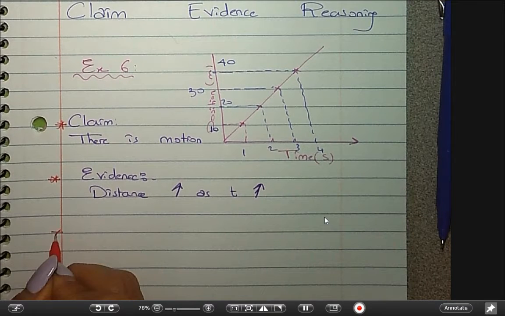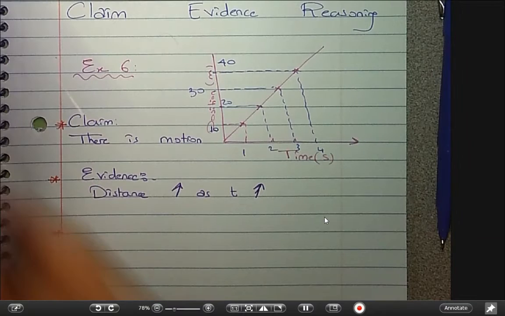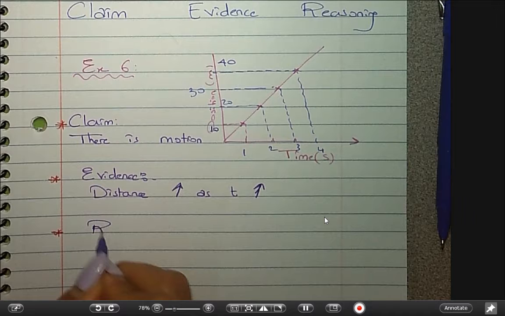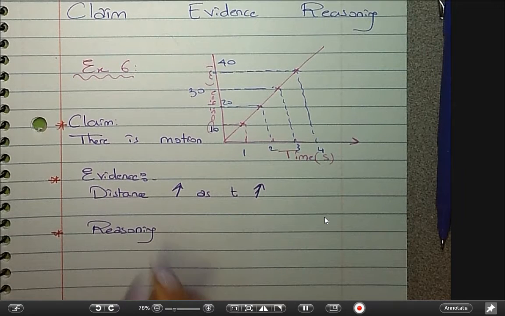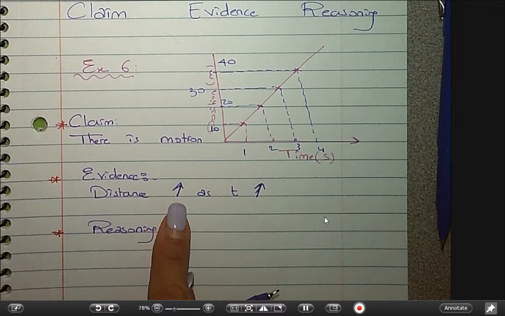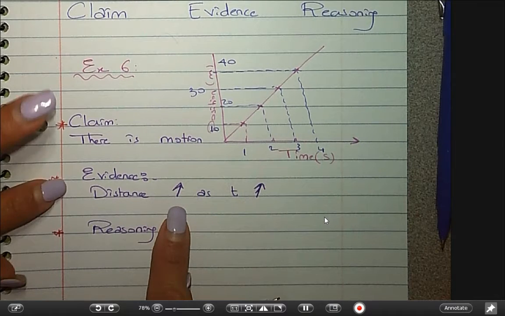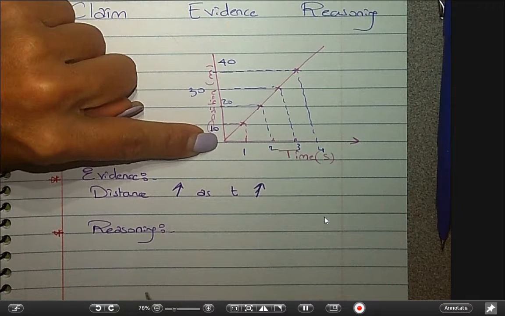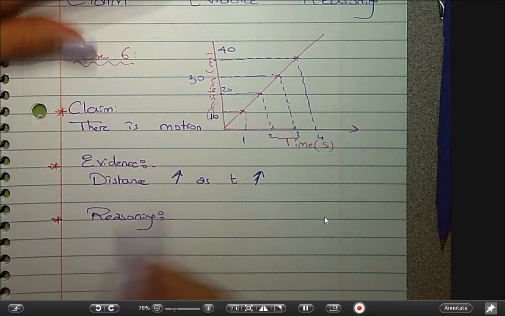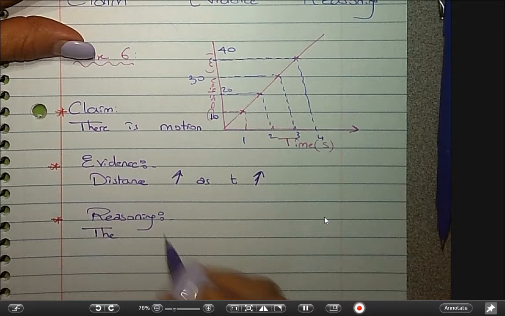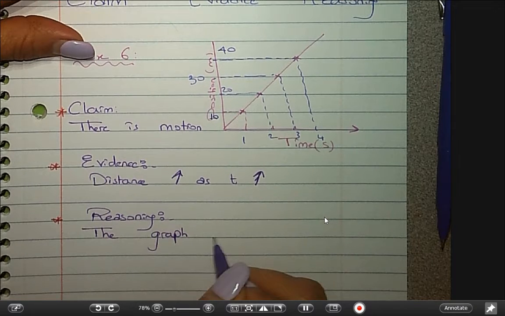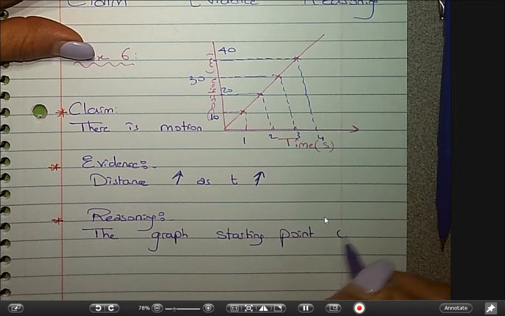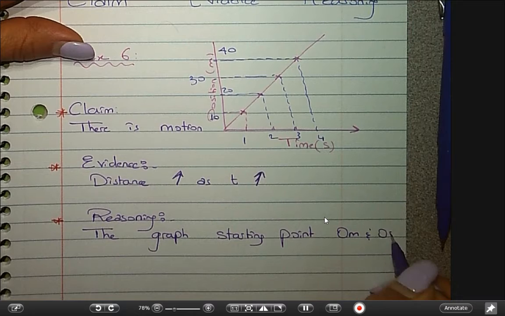Evidence and reasoning are pretty much the same. So how are you going to do your reasoning? You said it's increasing, right? Because you said it's increasing, I want the reasoning. How do you know it's increasing? You would tell me that the graph started at 0. The graph's starting point was 0 meters and 0 seconds.